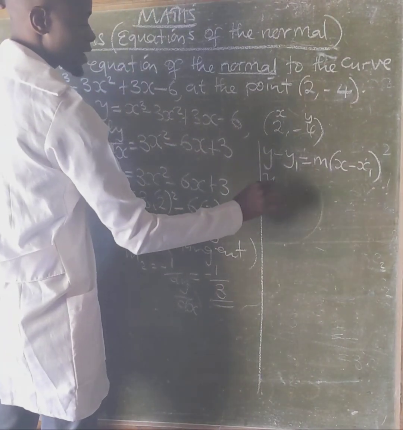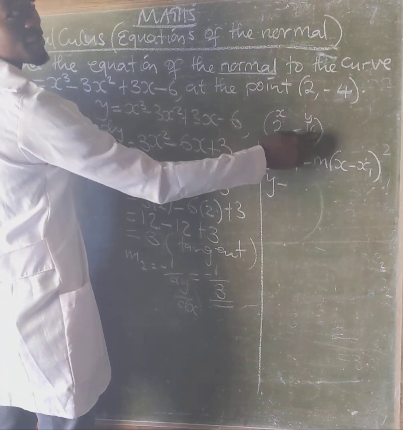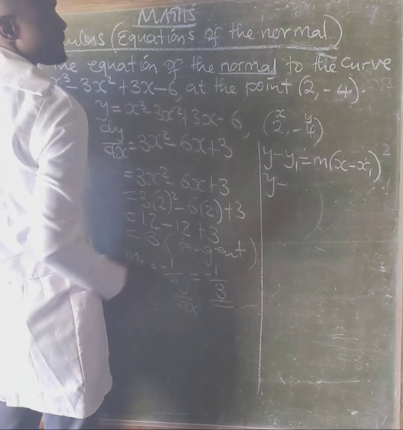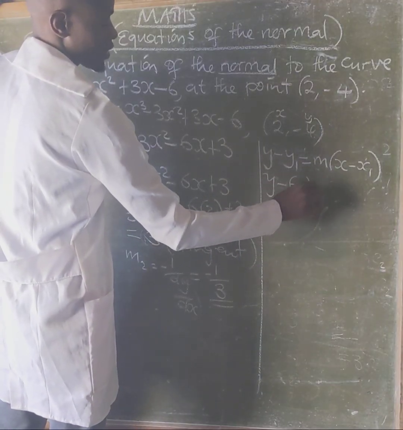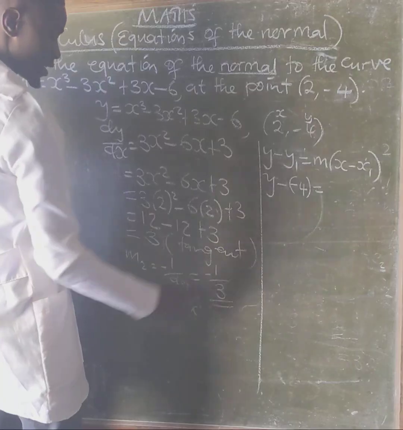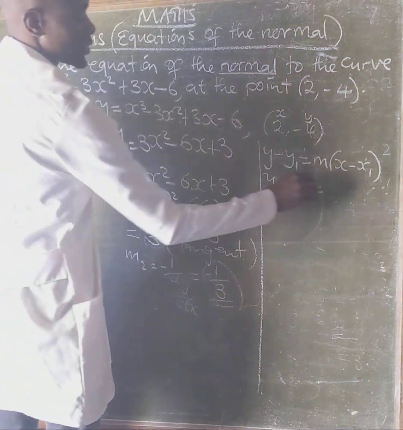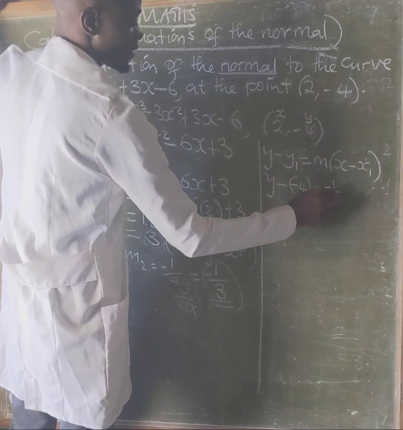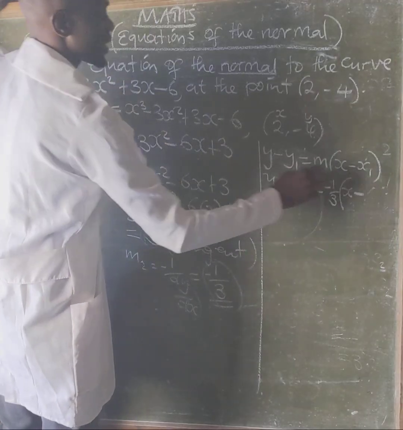So where y1 is, we place what we have here, and that is negative 4. So y minus negative 4 equal to the gradient of the normal, which is negative 1 over 3, times x minus x1.